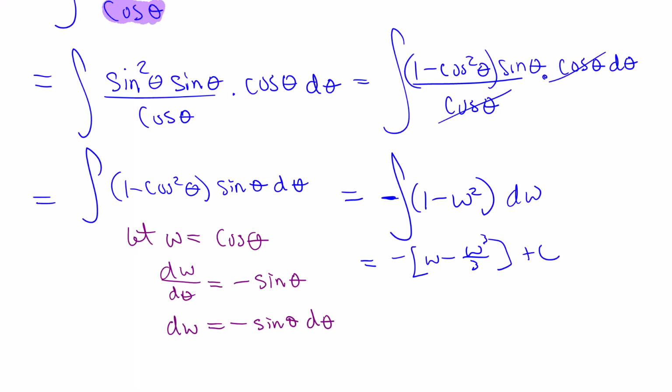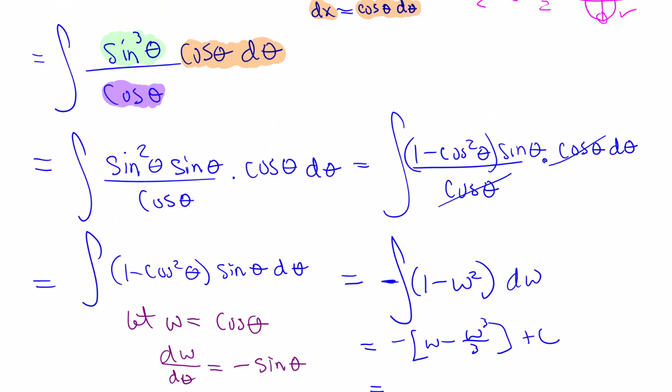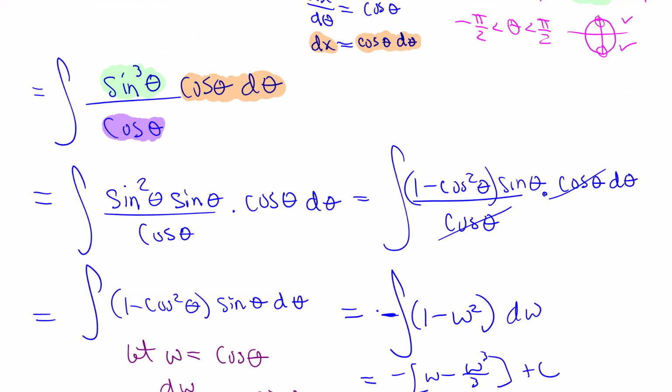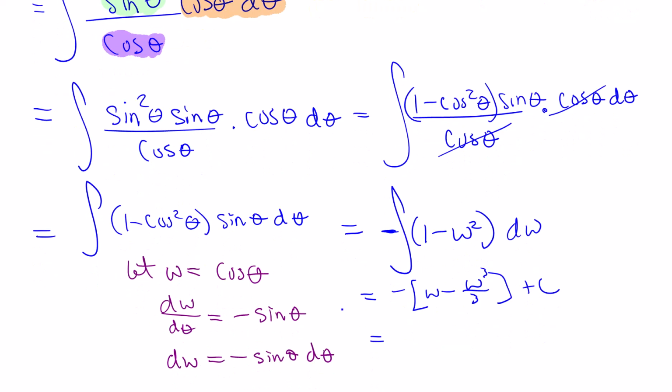But then let's replace w with what it was equal to. What was w equal to? Go way back at the ranch. w was equal to cosine theta, right over here. So that means we have negative, in parentheses, cosine theta minus cosine cubed theta over 3.